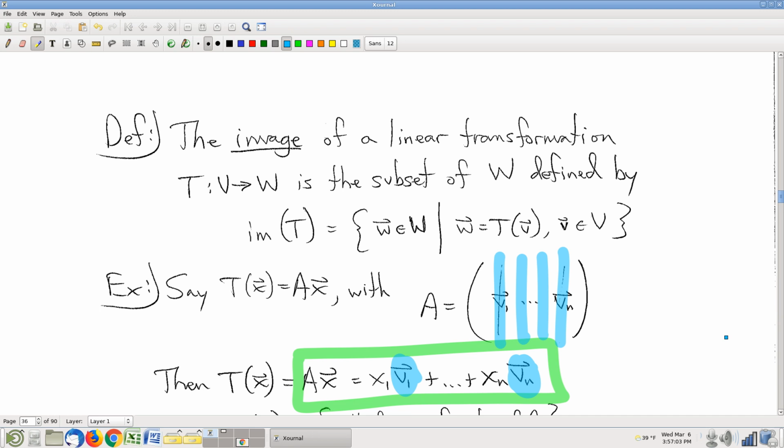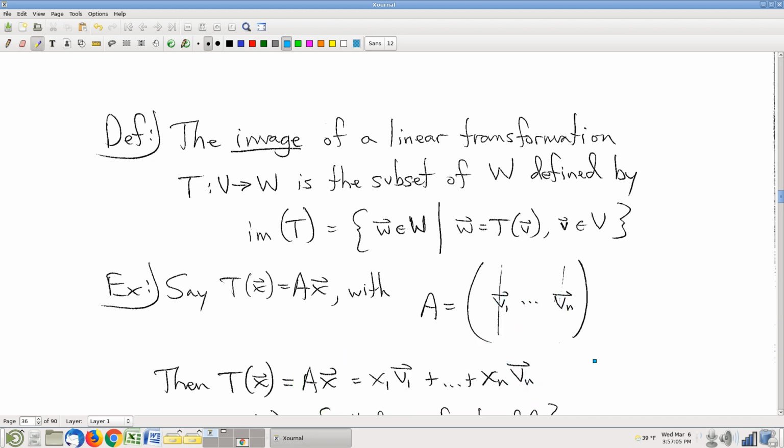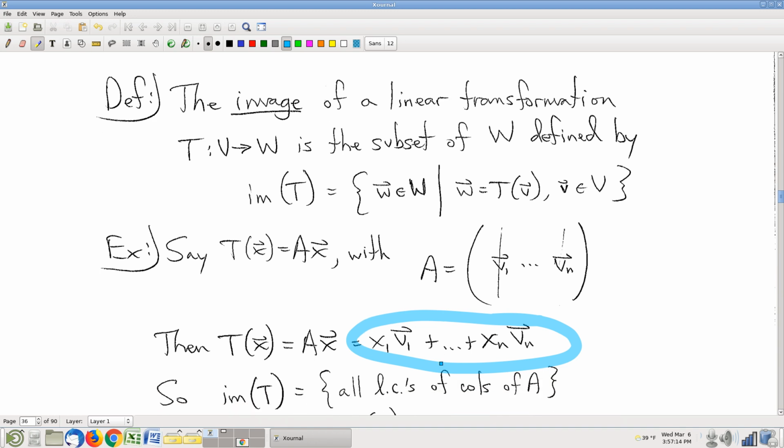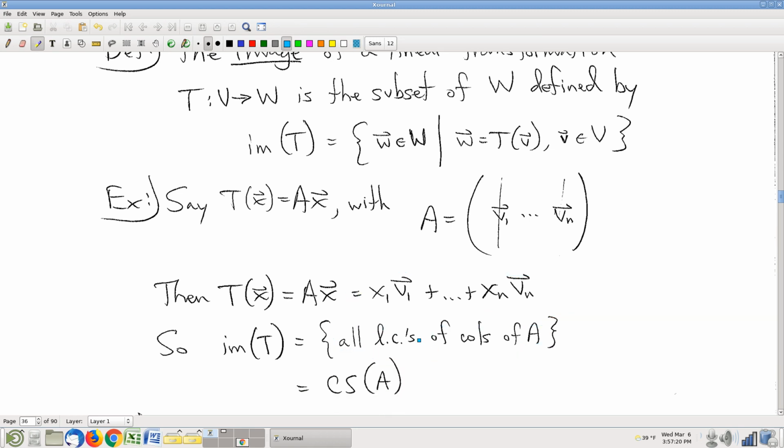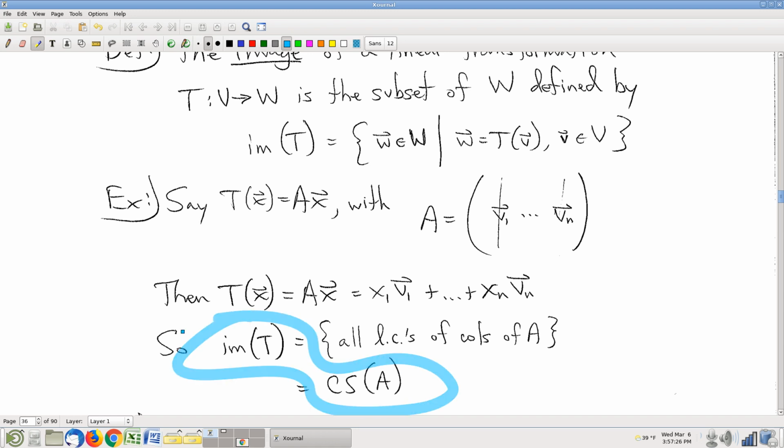Okay, so that being said, the image is the collection of all outputs. The image is the collection then of all linear combinations of column vectors. And where have we heard that phrase before? All linear combinations of column vectors. That's the column space. So, as it turns out, nice point of view. I think this is a great way to think of why we should ever care about the column space.